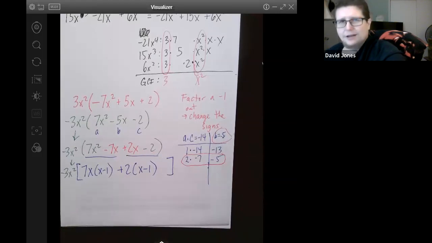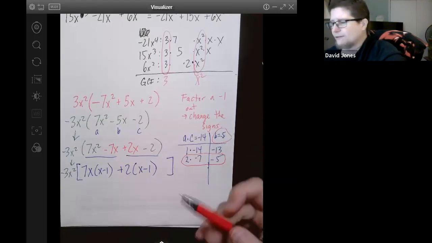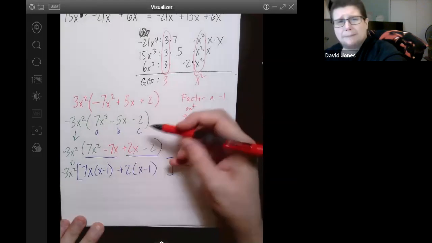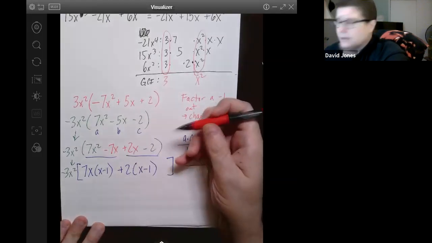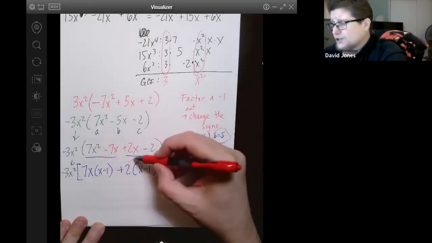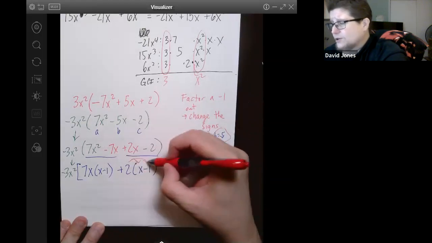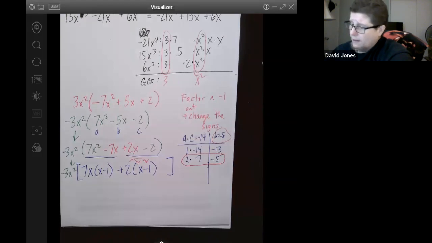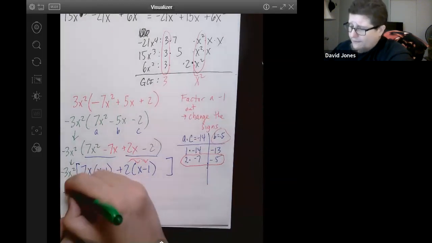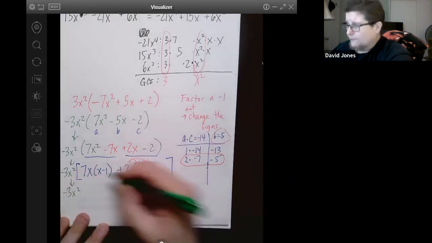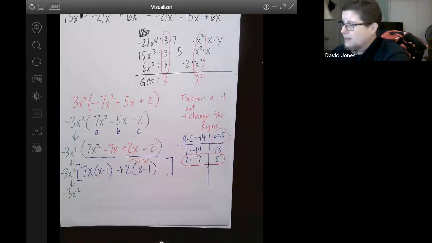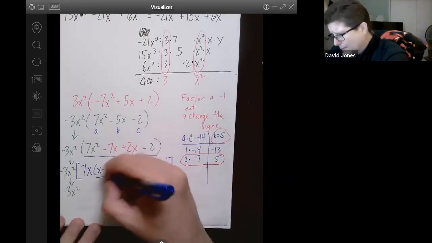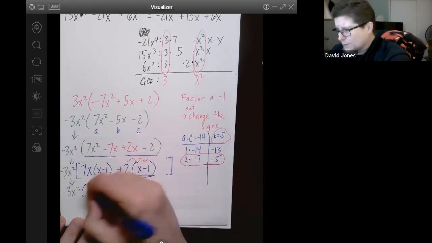Since I didn't do the factoring the normal way, I'm just going to re-verify. I'm going to check it, multiply it back out, make sure it works. 2 times x is 2x, that's good. 2 times negative 2 is negative 2, that's good. I've got my negative 3x squared on the outside. Don't forget to keep bringing that down. I've got my repeated parentheses, x minus 1.